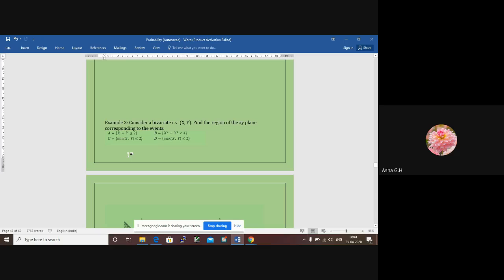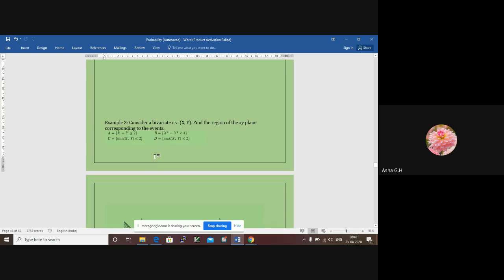For a bivariate random variable, you may be asked to find the cumulative distribution function of a random experiment of two random variables, where you have to find the probability of the sum, the difference, the minimum, or the maximum of two random variables. If you have such a question, you can just take an example, because the value 2 is given to you. You can just try it out.